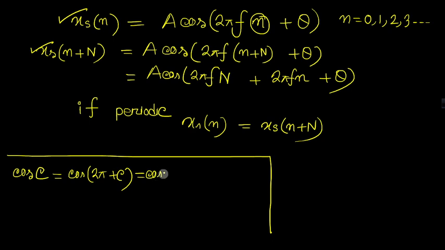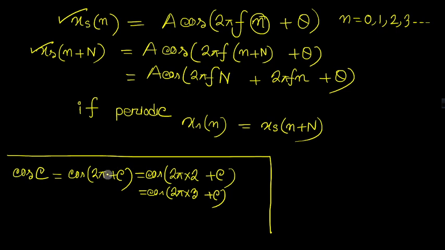Again, cos of 2 pi into 2 plus c is also equal to cos c, and cos of 2 pi into 3 plus c is also equal to cos c, right?